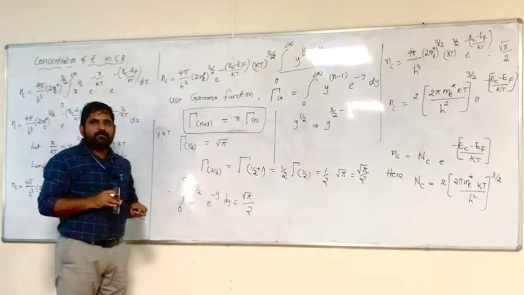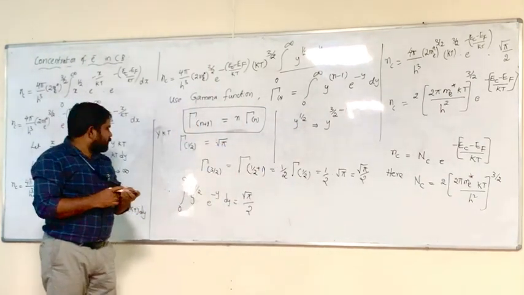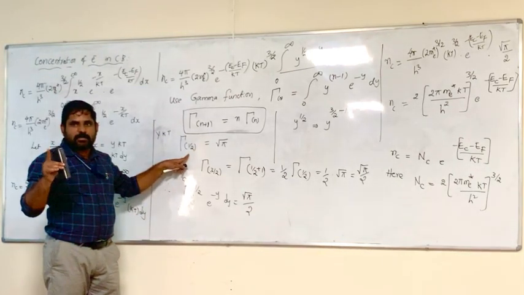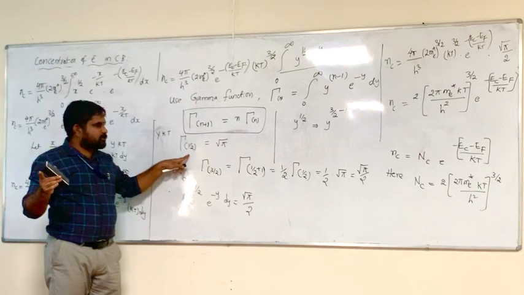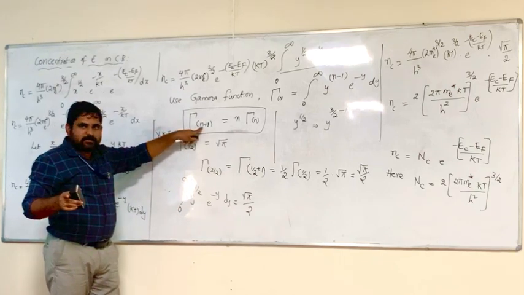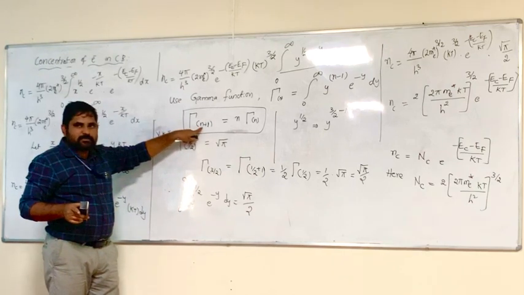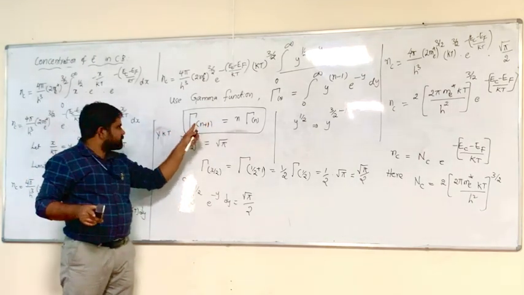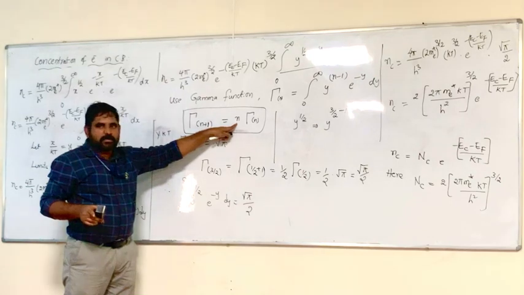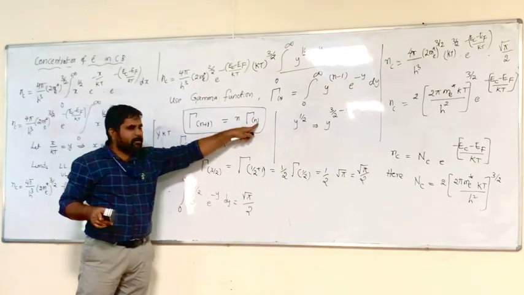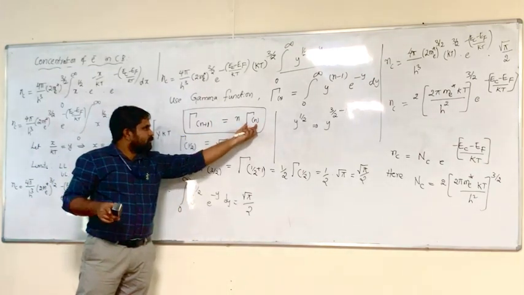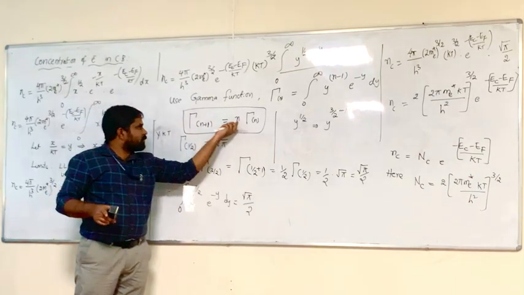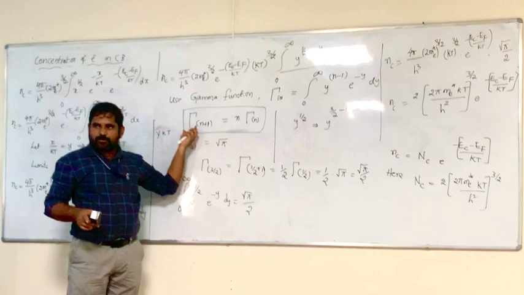Gamma 3 by 2 value we don't know; we know only gamma 1 by 2. So I write 3 by 2 as 1 by 2 plus 1. Using the relation, instead of n you write 1 by 2: 1 by 2 into gamma 1 by 2. You know gamma 1 by 2 is root pi, so it is root pi into 1 by 2, which is root pi by 2. You are using this principle.